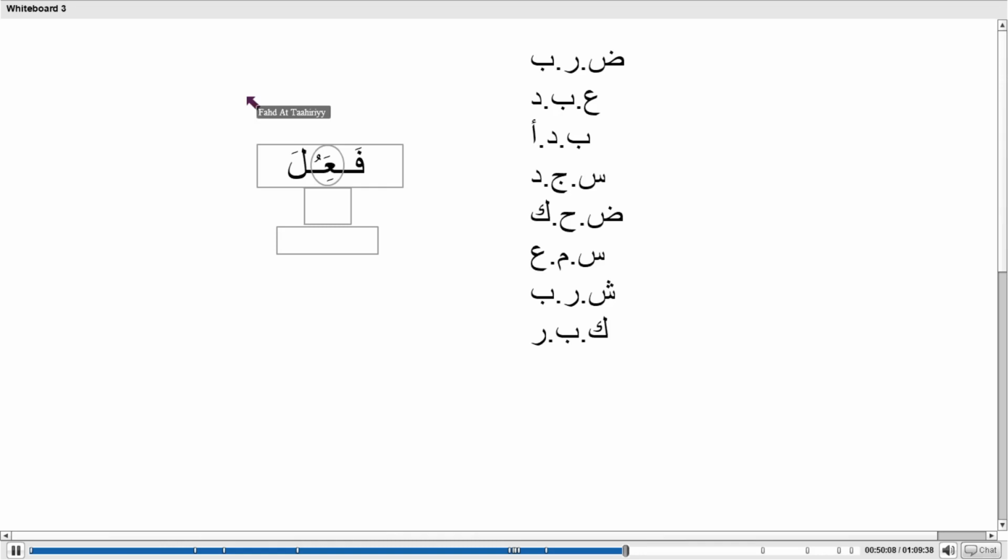Look. Now, you take the first letter and you place it on the first space from right to left.